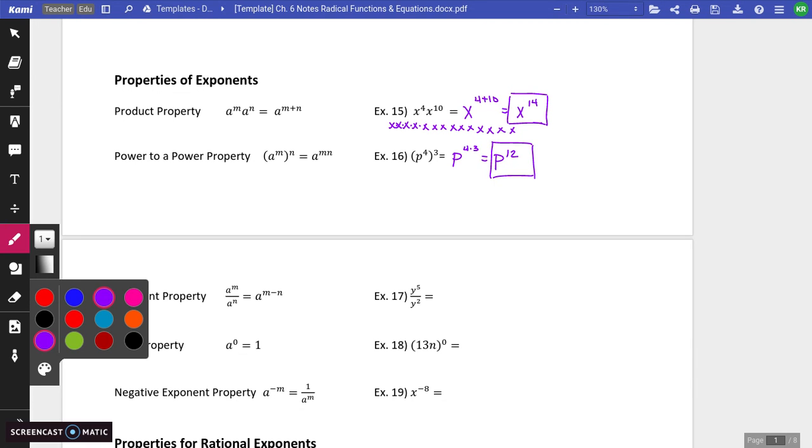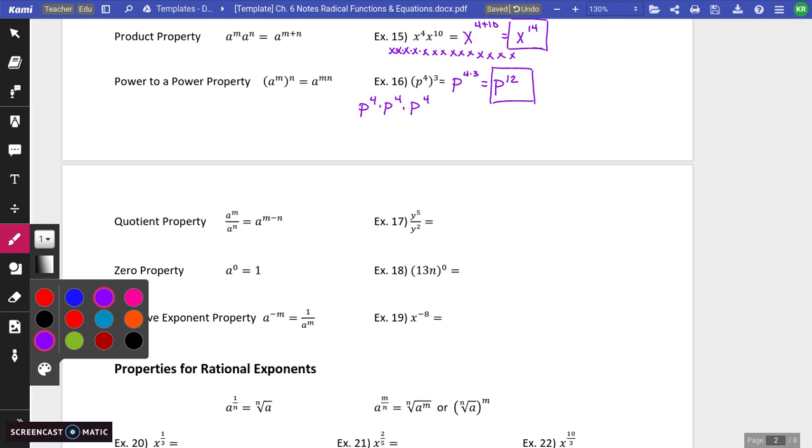Another way you could write that out, you have 3 of the p to the 4th powers multiplied together, so you've got that multiplied times itself 3 times. Now you've turned it into a problem like 15, and you would add those exponents. So 4 plus 4 plus 4 is 12. So the shortcut is multiply the exponents, p to the 12th.